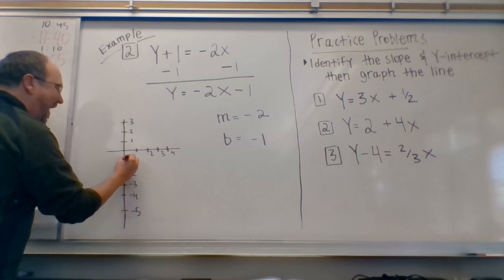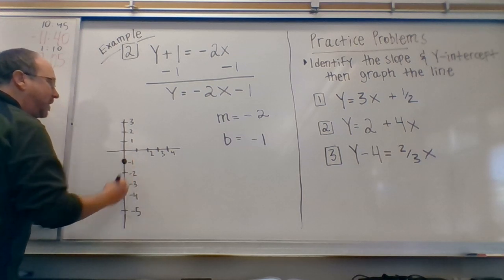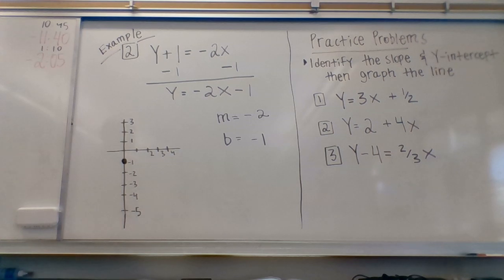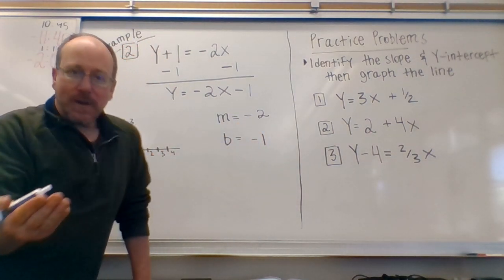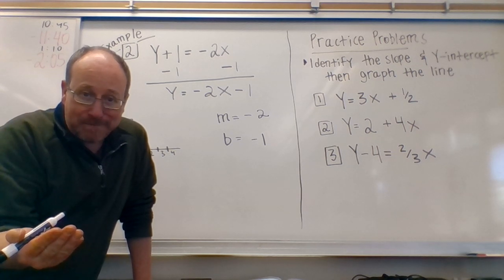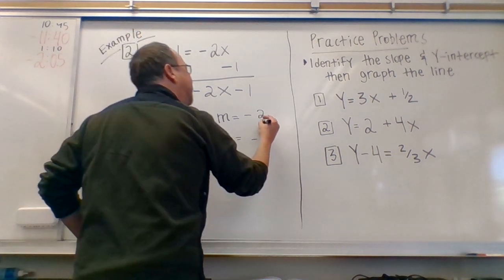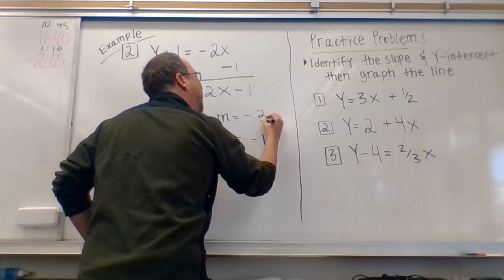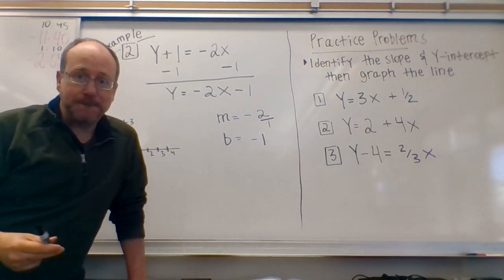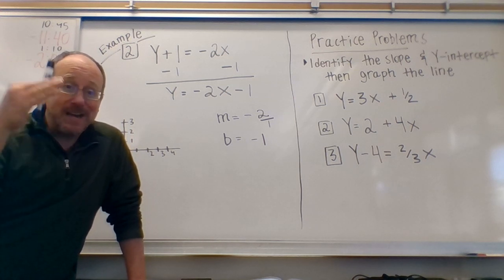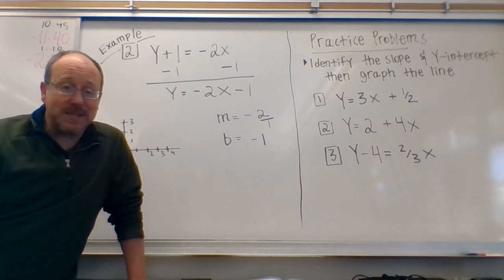The line crosses the y-axis at negative 1, and the slope is negative 2. Now, for some of you, it may be helpful to remember that negative 2 can also be written as negative 2 over 1. Same meaning: negative 2 divided by 1 is negative 2.